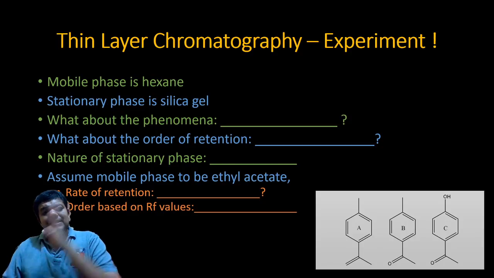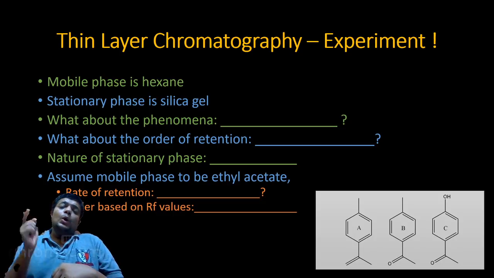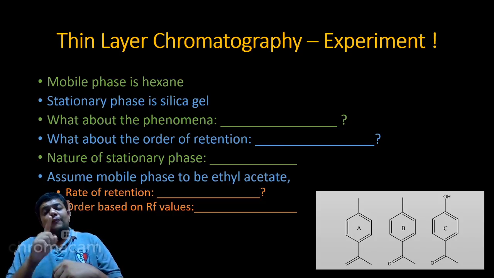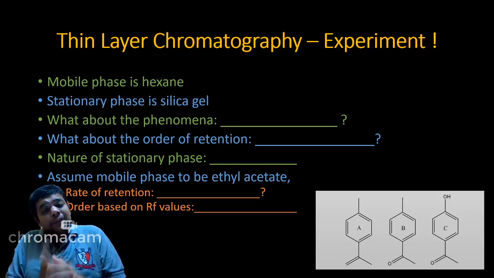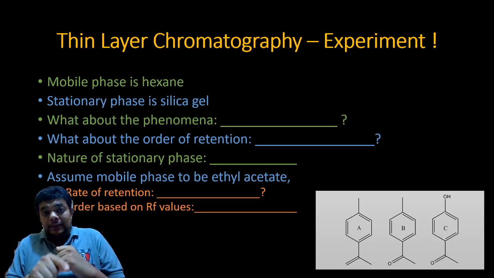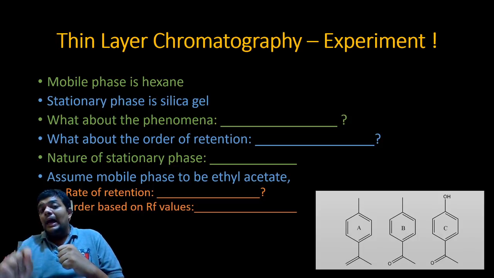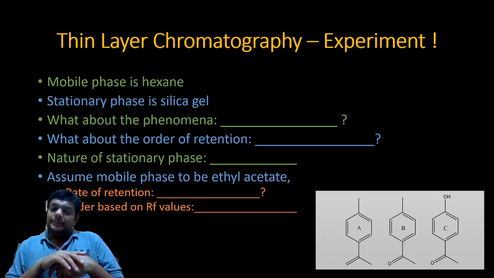As this is the highest polar molecule and your stationary phase silica gel is also polar, the polar interaction will be highest, and therefore compound C will stay with the stationary phase for the maximum time. The one that stays with the stationary phase for the maximum time is called the highly retarded substance. So C is the highly retarded substance.